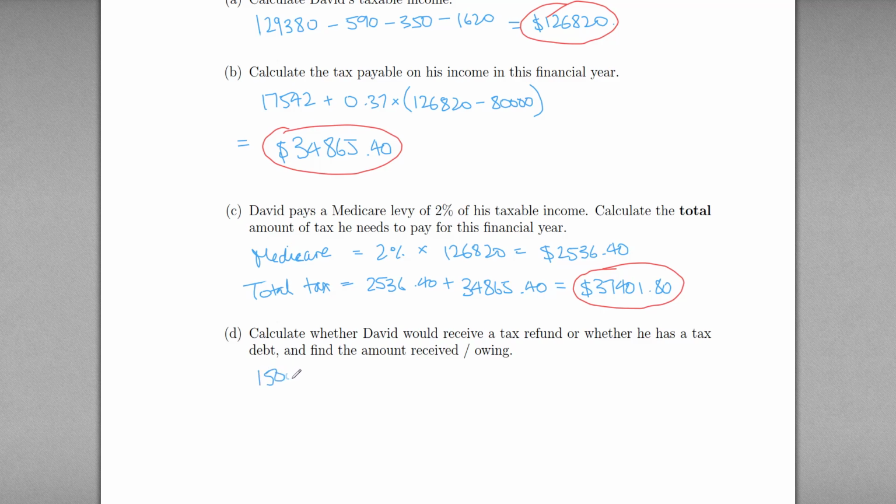So that means that he's paid $1,500, but done that 26 times, which is actually 39,000 paid. But he only needed to pay 37,401, so that means he's going to get a tax refund because he's paid too much. So he'll have a tax refund, and it'll be the difference.